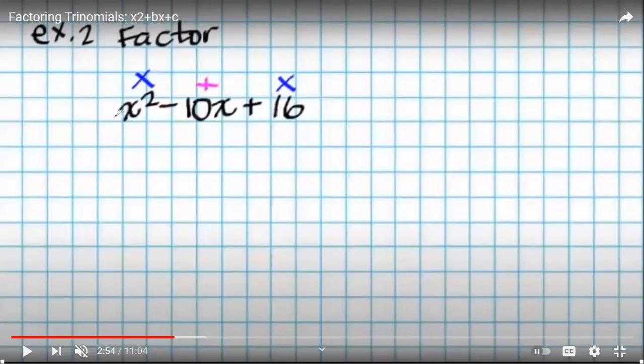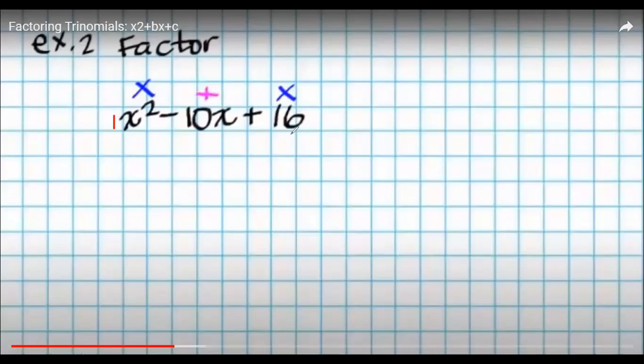So here I have 1, and for c, we are looking for ac. Then 1 times 16 will be equal 16. We are going to write the factors of 16.